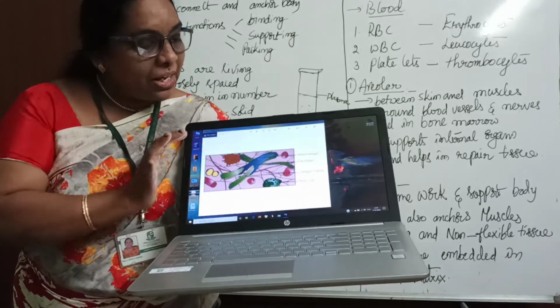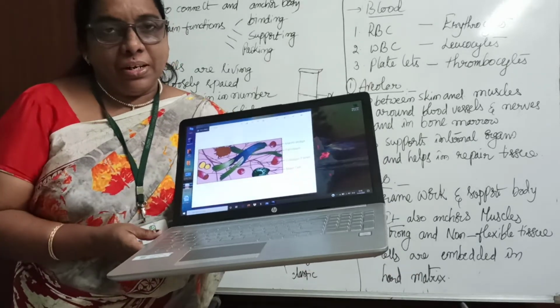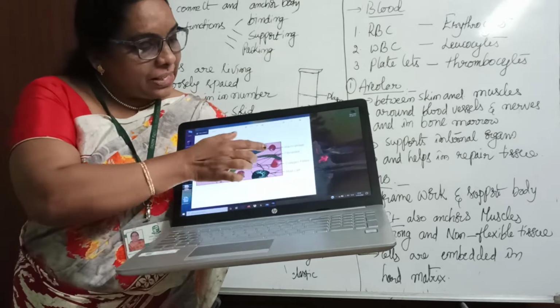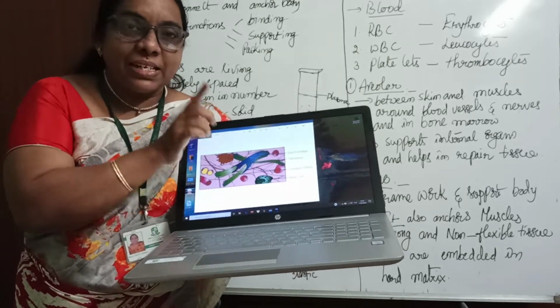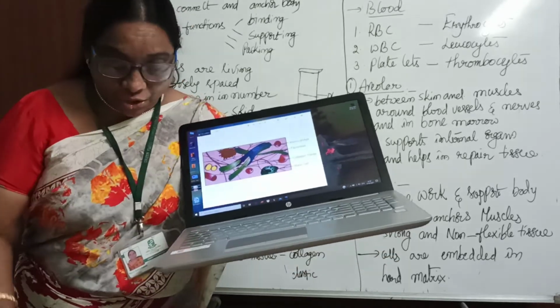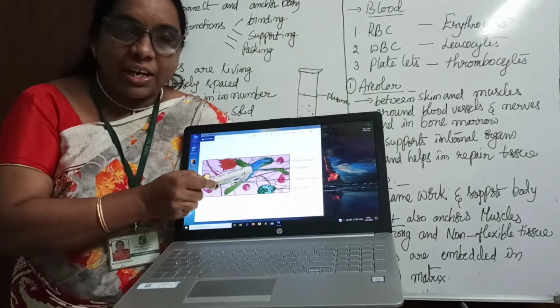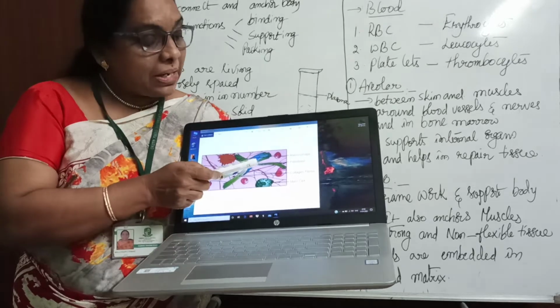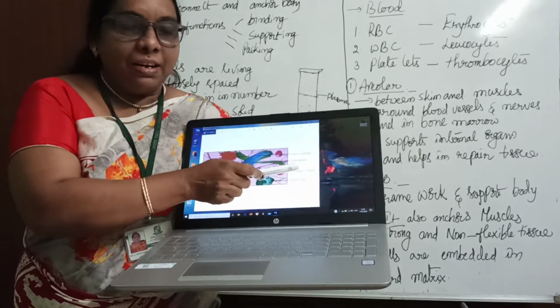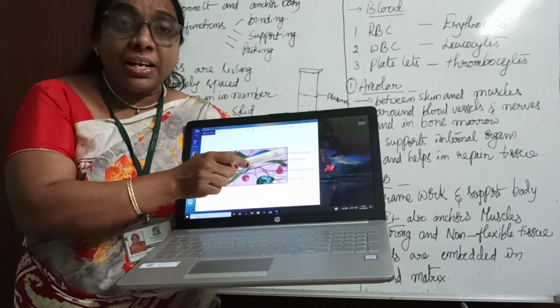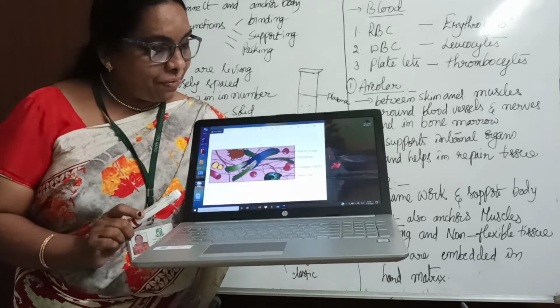In the areolar tissue we see different parts. There is a macrophage, and as I already said, the cells present in the areolar tissue are called fibroblast cells. There is a protein between the cells, which we call collagen. The protein is present in the form of collagen fibers.